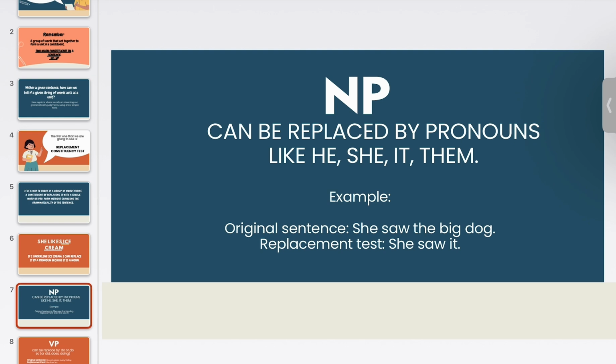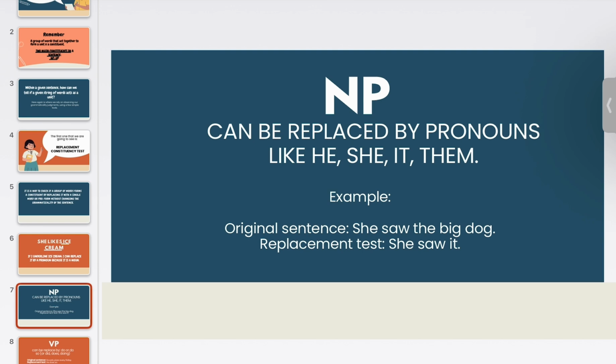In this case, if I'm going to replace the big dog, what pronoun? This is something important that you have to identify. If it is a person or a thing, you should keep in mind in which way it can be replaced by a pronoun. In this case, it is a thing, so the pronoun is it.